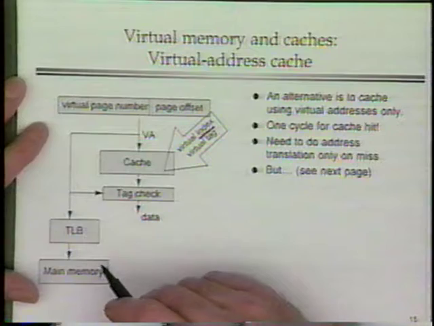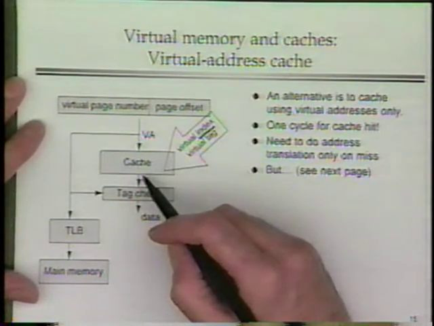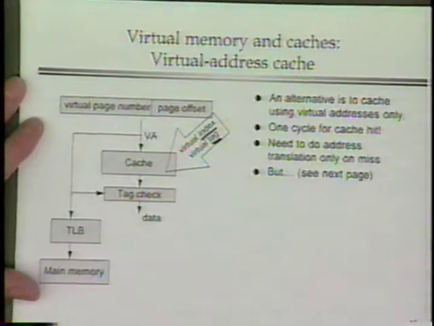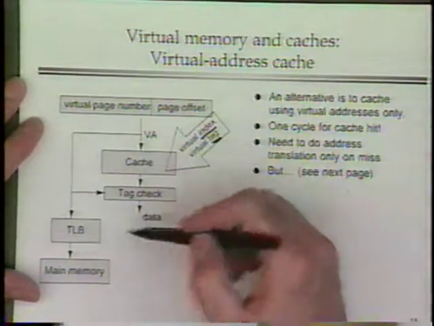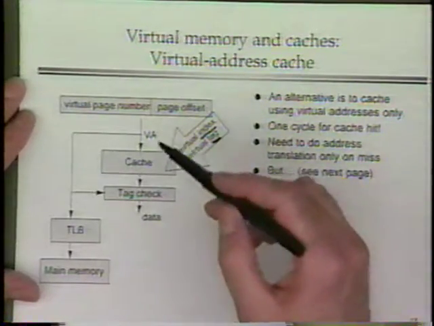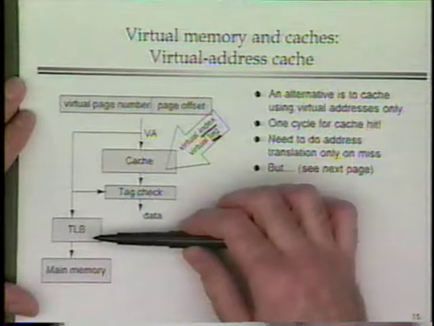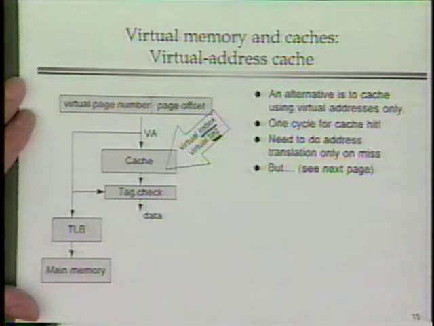What we check to see whether the correct value is in the cache is a part of the virtual address. It's a tag. Basically, the cache is just a way to get fast access to virtually addressed data. And then if it misses, we do the translation to real addresses and go to main memory.